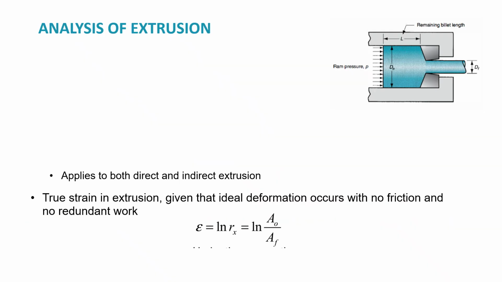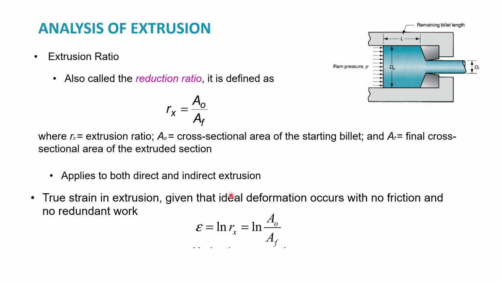So once again, we're going to go through the analysis of the extrusion. First we have the extrusion ratio, which is the reduction ratio, defined as the initial area over the final area. The initial area is calculated from the diameter of the pellet itself, DO. And the final diameter is the diameter of the exit from the die.